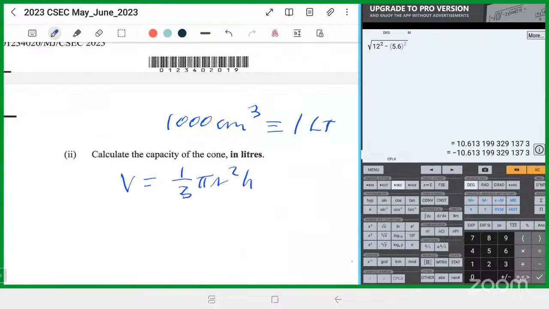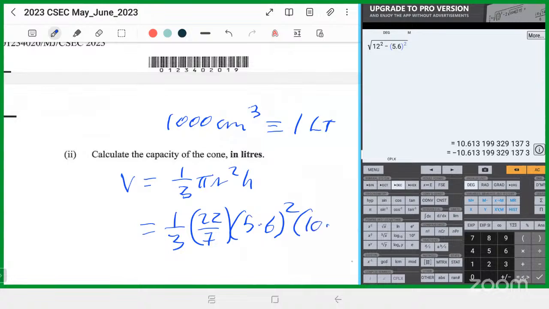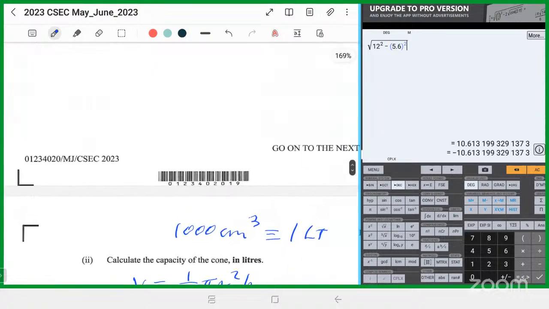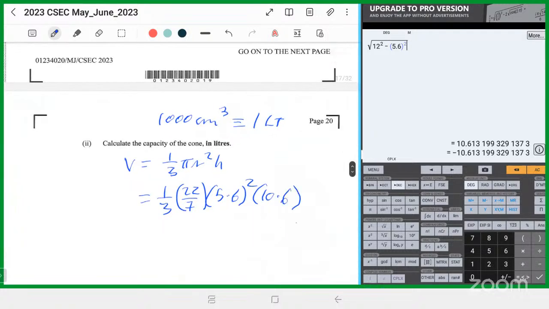So it's one third, the pi is 22 over 7, the r is 5.6 squared, and the height that we just got was 10.6. That's going to give you the volume in cm cubed.